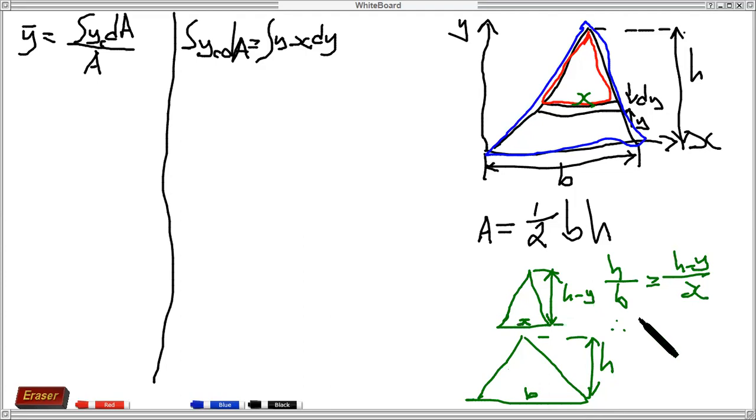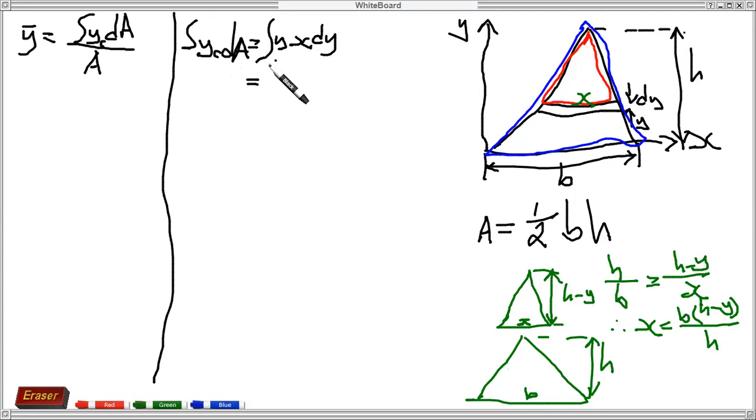Therefore, you make x the subject of the formula, and you're going to end up with x equals b times h minus y, divided by h. Okay, so this is x. The x that you found there is the one that you're going to have to substitute now in this equation. Are you with me up to there?